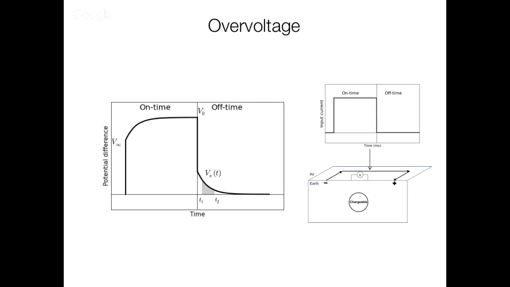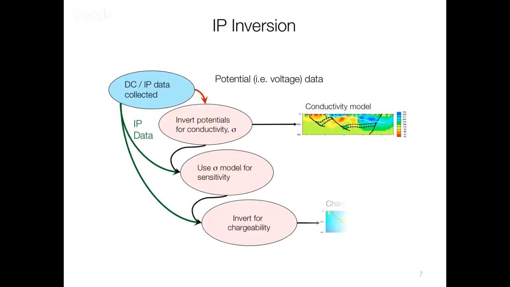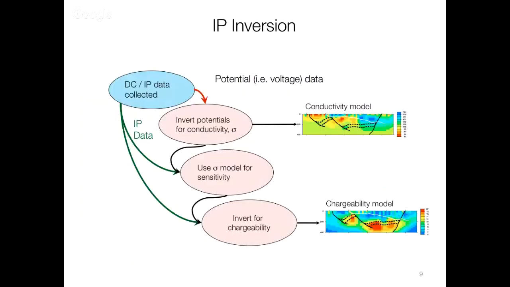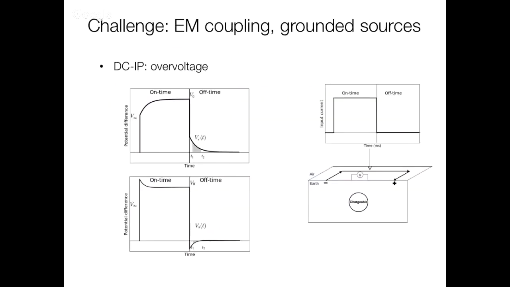Generally we've got an overvoltage that looks like this, and yesterday we did the inversion in a two-step process and eventually got a chargeability model, and we had examples like that.